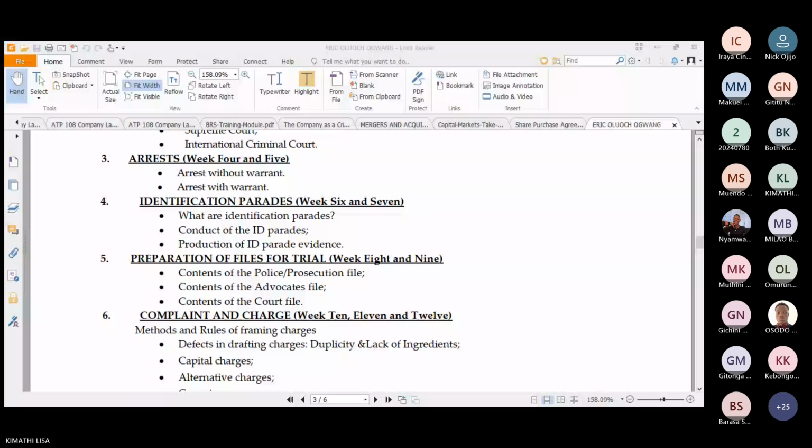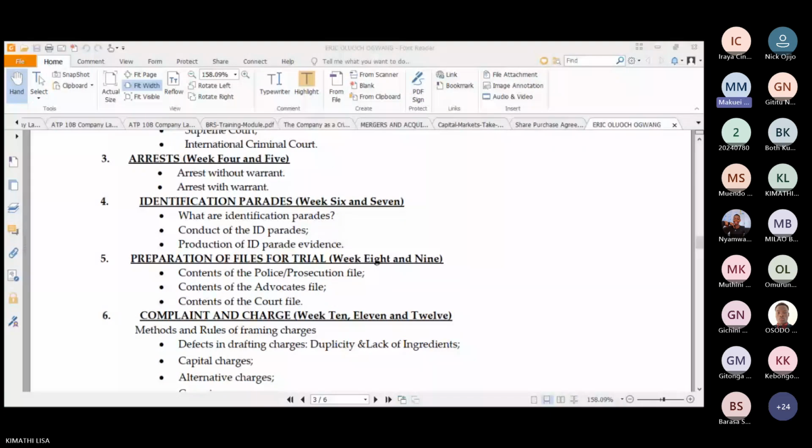The definition of arrest is in section 21. So you will be required to look at those sections on the aspect of arrest. So also arrest without a warrant. I would not want to go there. Arrest by private person is in section 34 of the CPC.